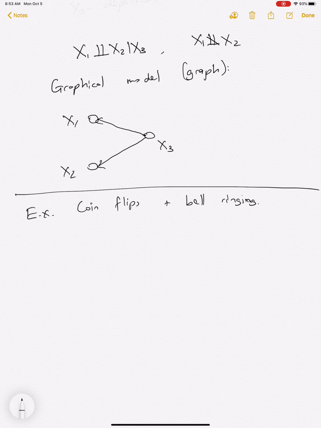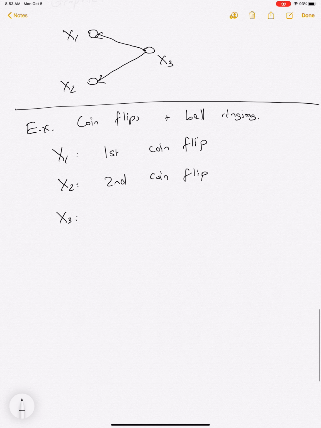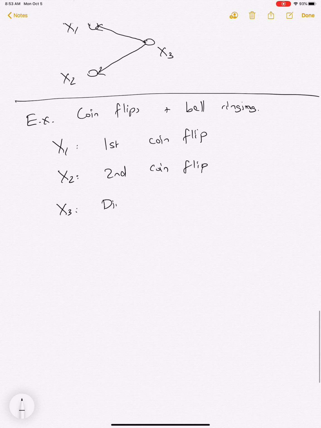So here we have x1 is first coin flip, x2 is second coin flip, and then x3 is did you ring the bell?